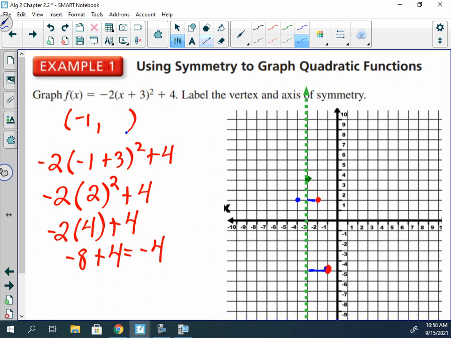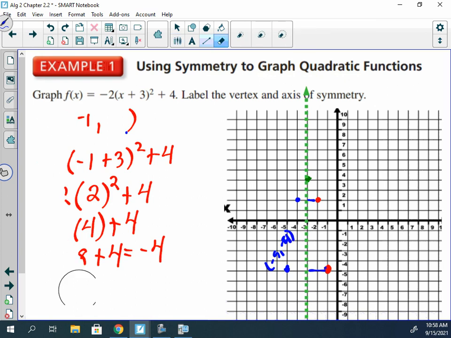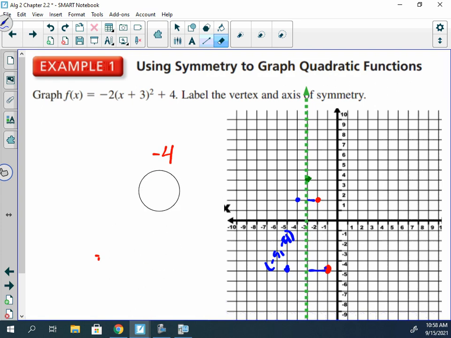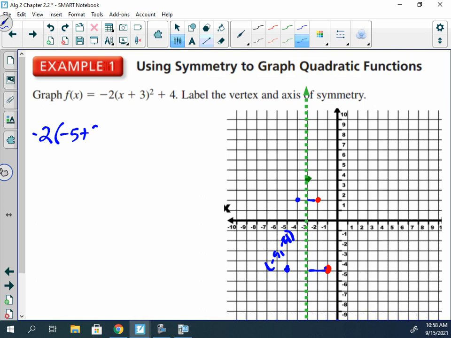Now we got that a distance of 2 away from the axis of symmetry. So if I go 2 the other direction, 1, 2, I get the point negative 5, negative 4. And I can show that works by saying negative 2 times (negative 5 plus 3) squared plus 4.